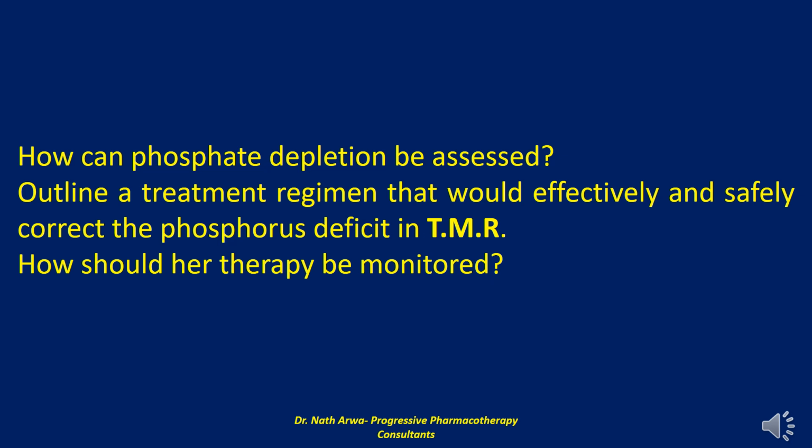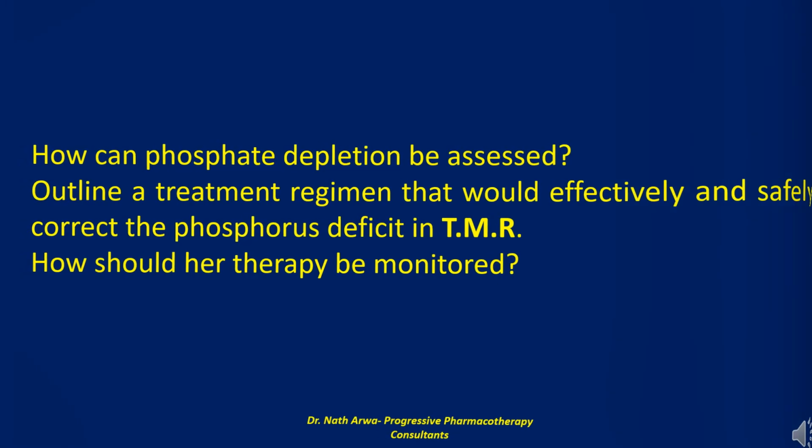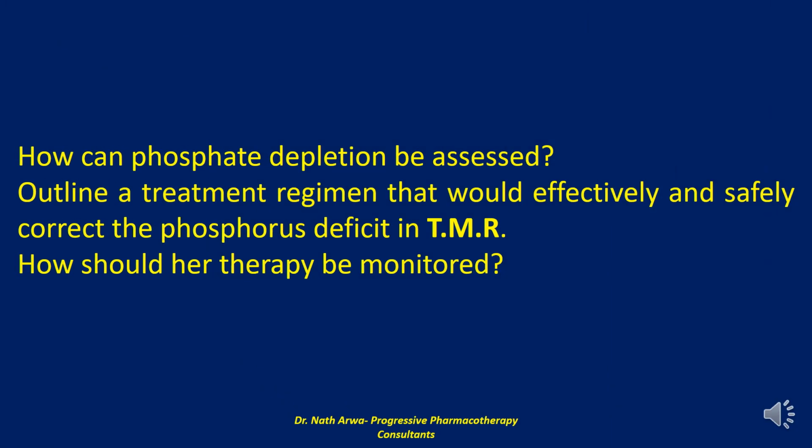Several oral phosphorus preparations can be used in patients who cannot tolerate milk products. When hypophosphatemia is severe, as in TMR, or when the patient is vomiting or unable to take oral medication, parenteral phosphorus replacement is needed. Several empiric regimens have been evaluated.